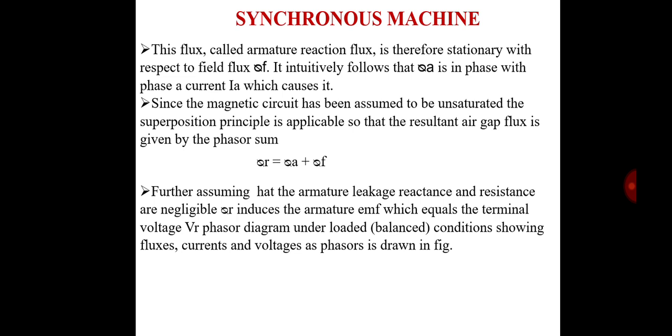Now since the magnetic circuit has been assumed to be unsaturated, the superposition principle is applicable, so that the resultant air gap flux phi r is given by the phasor sum of phi A plus phi F. Further assuming that the armature leakage reactance and resistance are negligible, phi r induces the armature EMF, which equals the terminal voltage Vt.